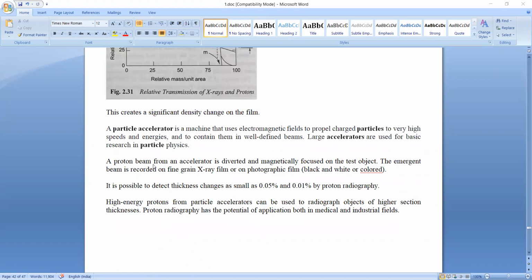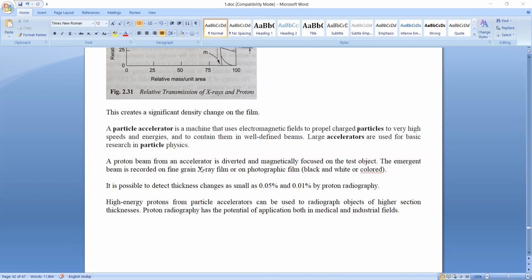Here a proton beam is used. The beam from the accelerator is diverted and mechanically focused on the test object. That emergent beam is recorded on fine grain X-ray film. In the previous case an electron beam was used, here a proton beam is used. For generating this proton beam we use a particle accelerator, a machine which creates the proton beam by applying an electromagnetic field to propel the proton particles to very high speed and energy.